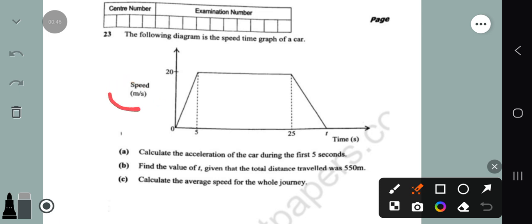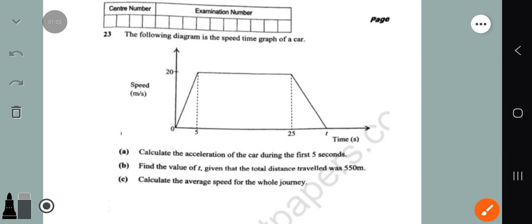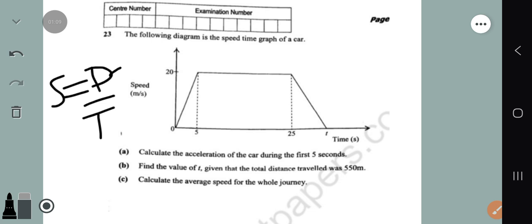Velocity is measured in meters per second. Time is measured in what? Seconds, like 2 seconds, 3 seconds. Speed is measured in what? Meters per second, or it can be measured in kilometer per hour. That means speed equals to what? Speed equals to distance over time, because distance is meters, time is second, right?